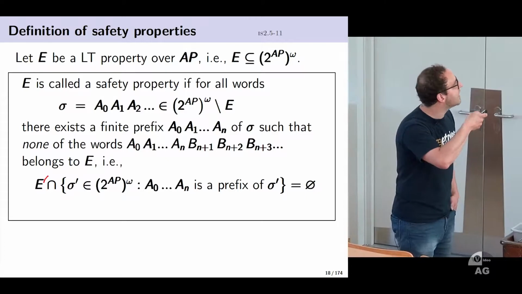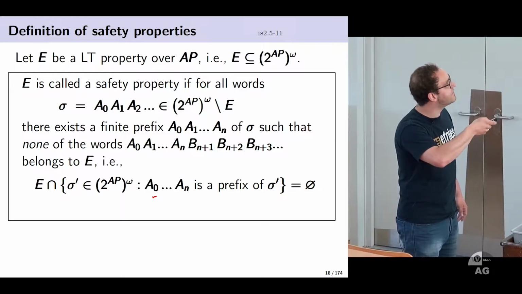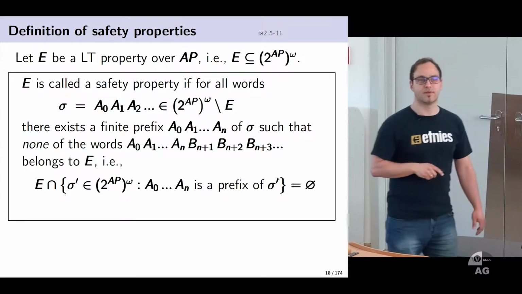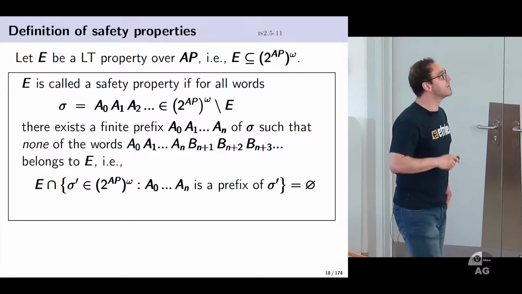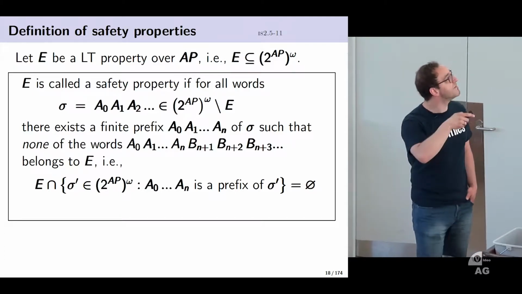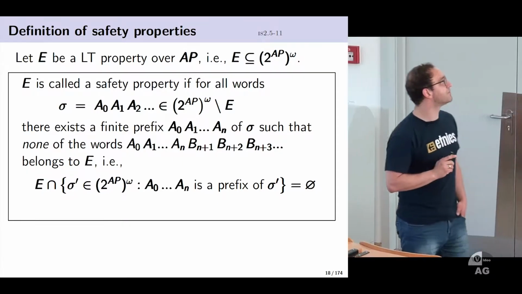And if you restate that, you can write it like this. So E intersected with all the words that have this bad prefix at the beginning should be the empty set. Okay, and this is the characterization of a safety property. So we call a linear time property a safety property if and only if we have this property.